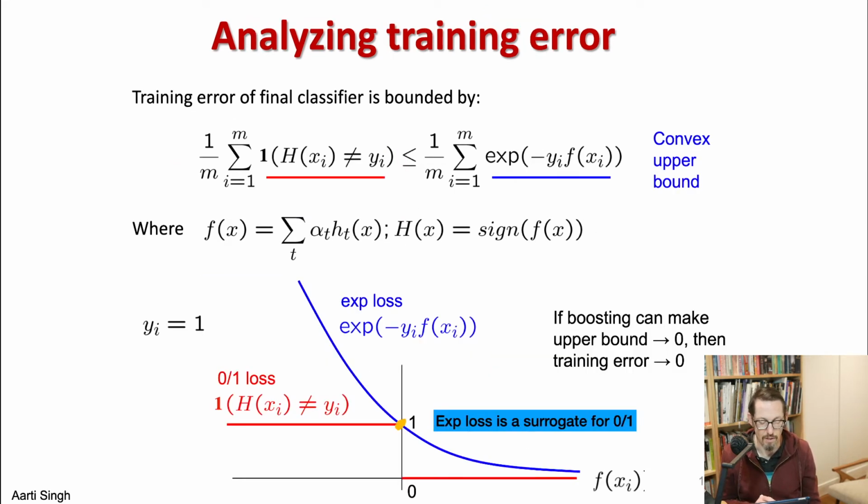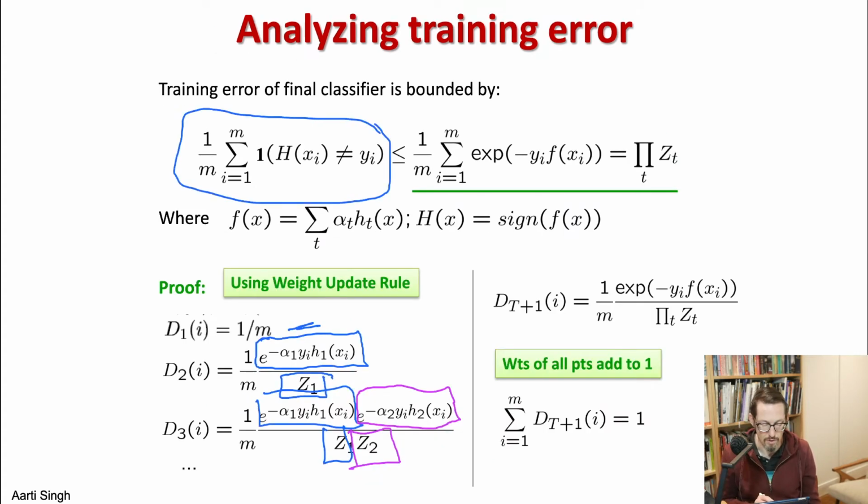We know that the loss is less than the exponential because at all points the exponential is above it. So we know that the total loss here can be replaced by the exponential. And that would be a less than or equal to situation like we see here.